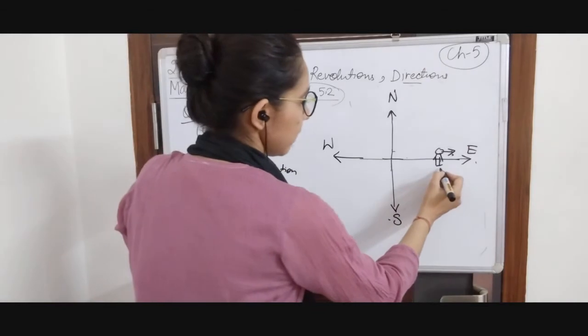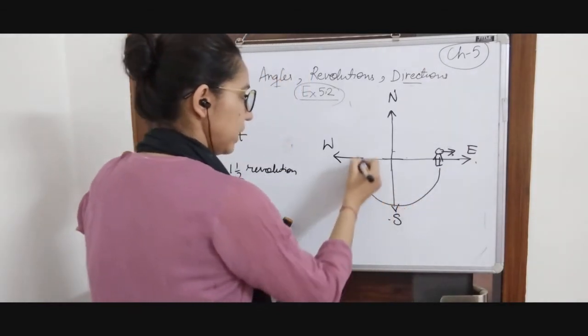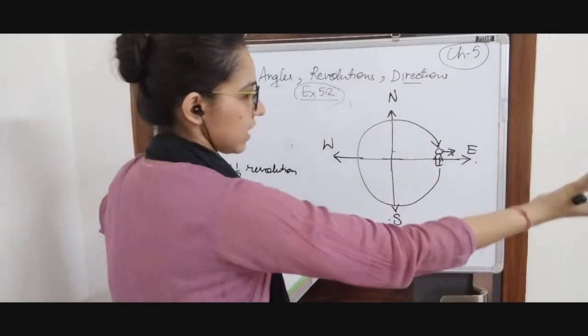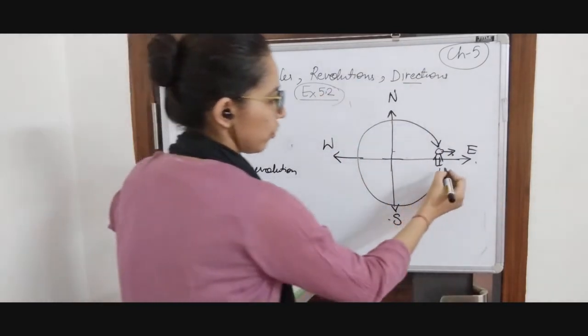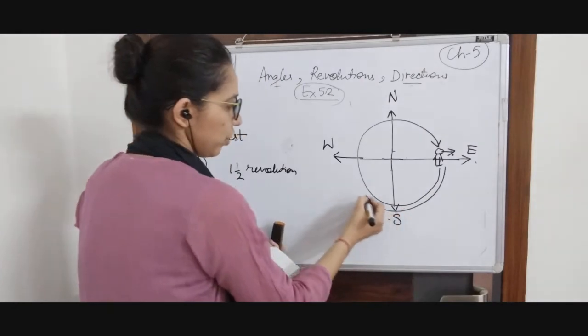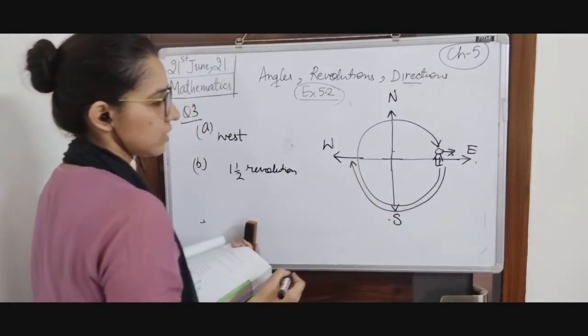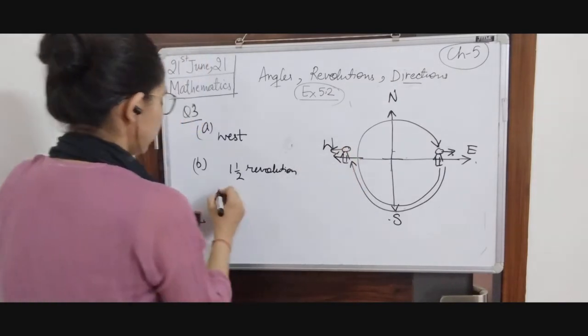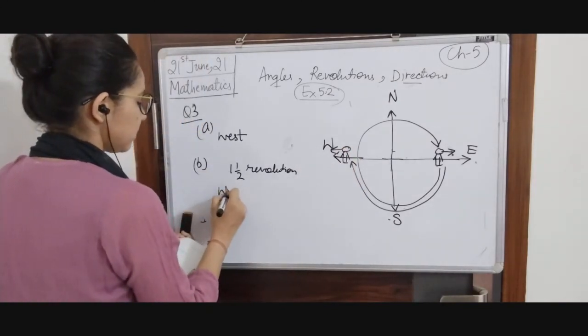So he made 1 complete revolution. He reached here, facing east. Then half of a revolution. Half of a revolution means he is going to cover 2 right angles. He is going to reach here, and the person will be facing west. So your answer will be west direction.